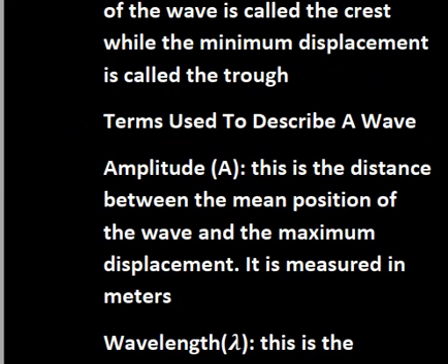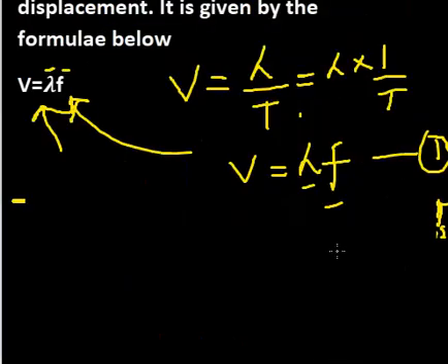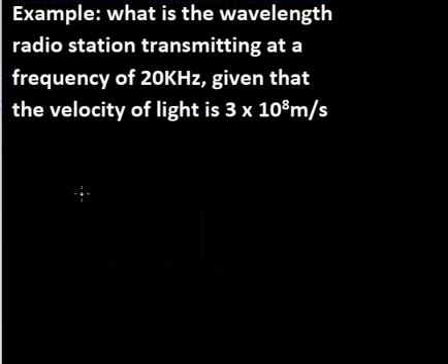So let's look at a question. We need a question to help us illustrate this, right? Here we go, I bring it up to the screen. I paste. The question goes like this: what is the wavelength of a radio station transmitting at a frequency of 20 kilohertz?